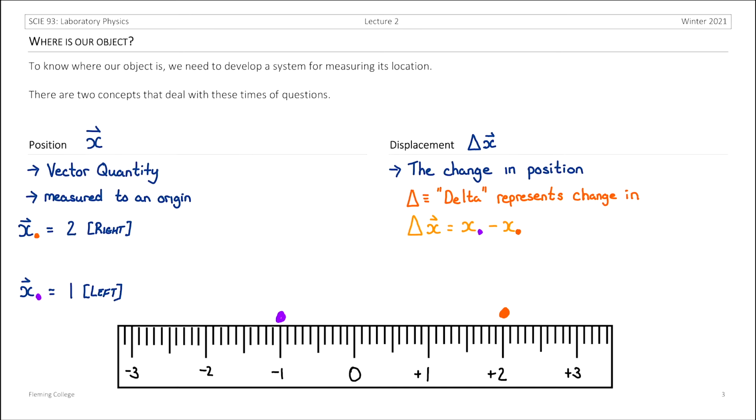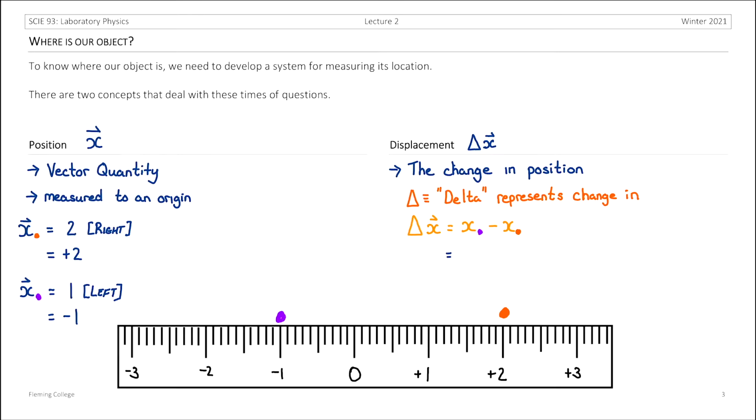We need to apply the convention we mentioned earlier in order to be able to do calculations with vector quantities. Because we can't do math with right and left, we need to register those directions as positive and negative. So our orange dot would be +2, and our purple dot would be -1.